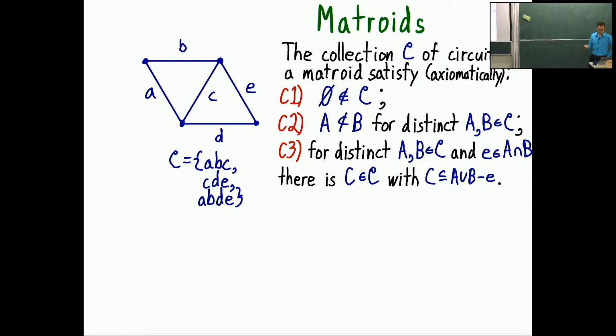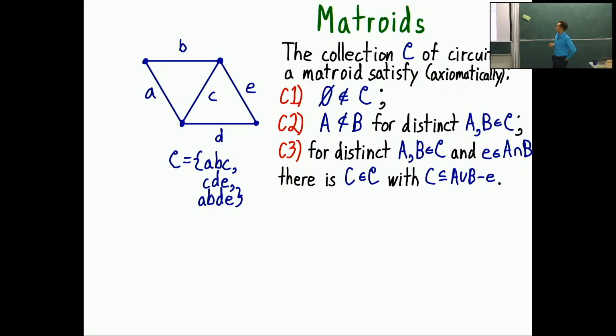And if you look at cycles in a graph, the first three immediate observations you might make are that no cycle contains no edges; if you have a cycle, you can't have a smaller cycle contained within it; and the last one is circuit elimination for matroids. If you have two cycles in a graph with a common edge, you can eliminate this edge.